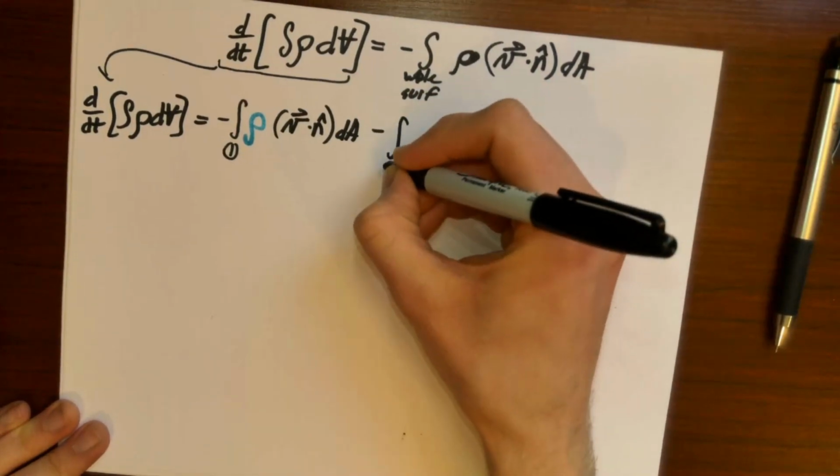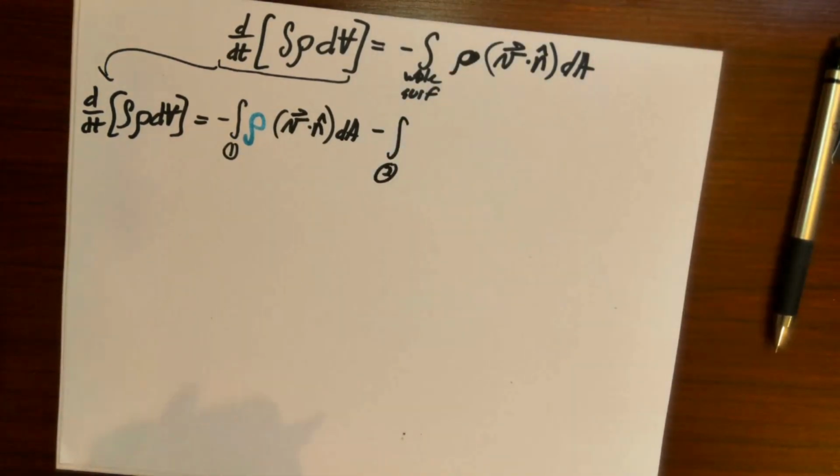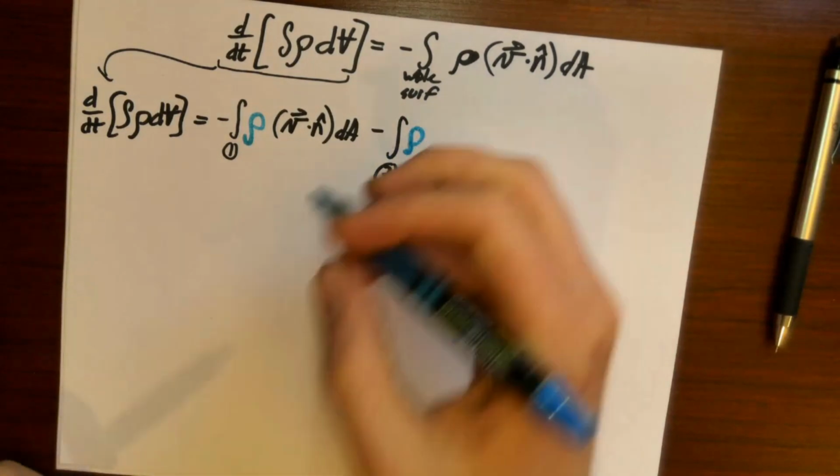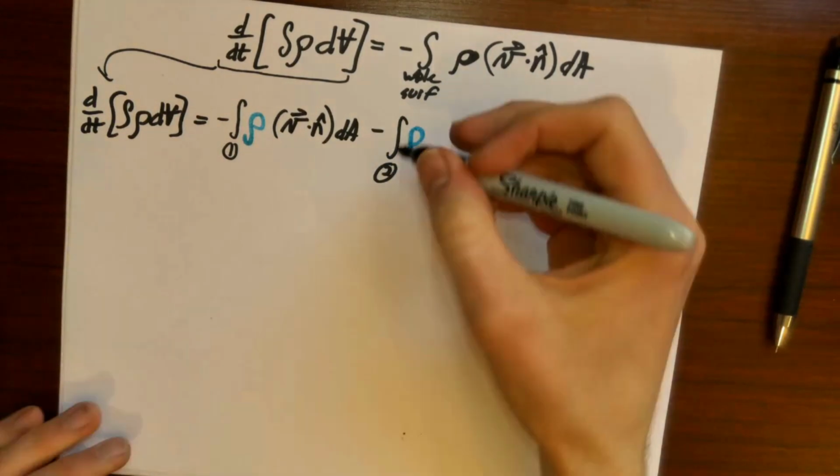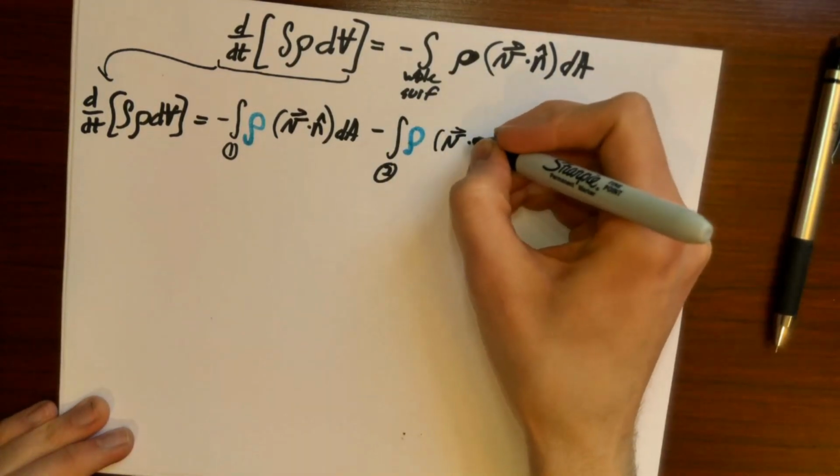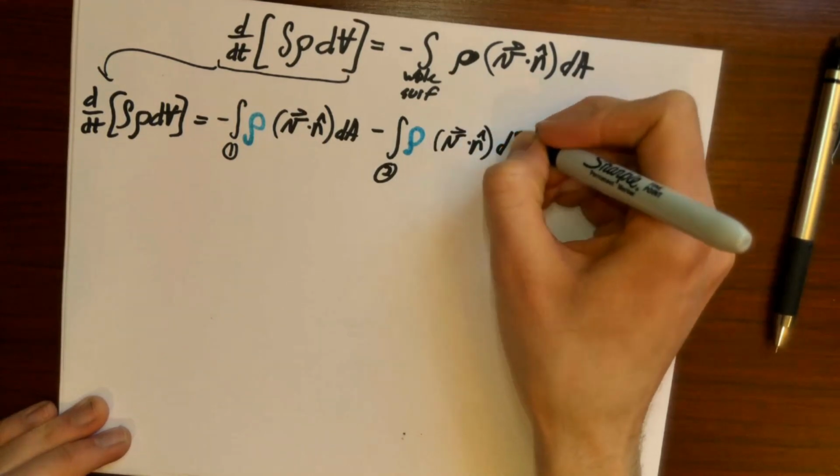And then we're going to have minus an integral over surface 2. Rho is known as well on surface 2, dA.